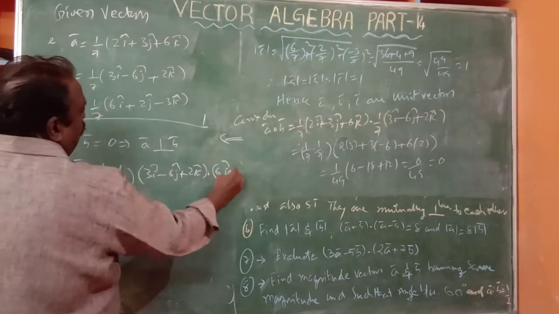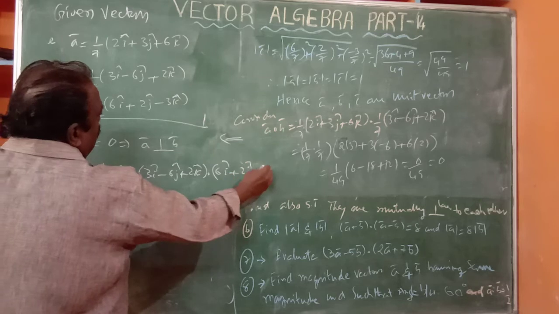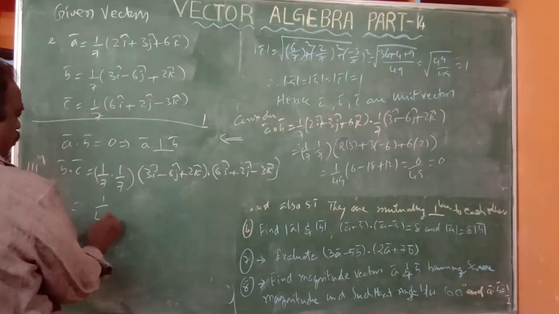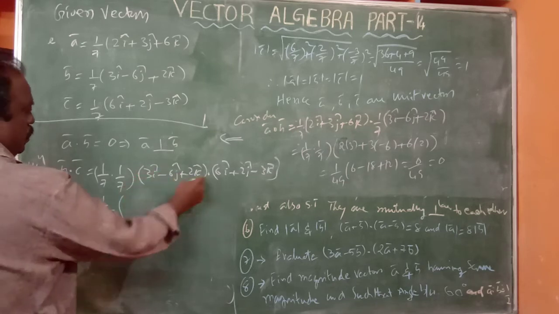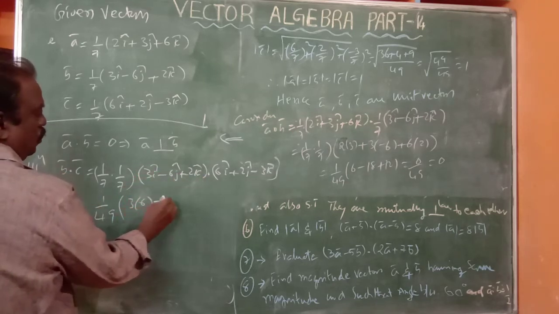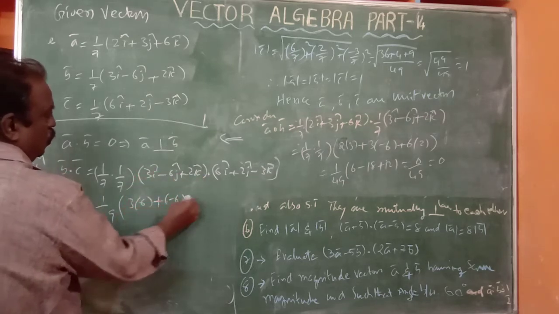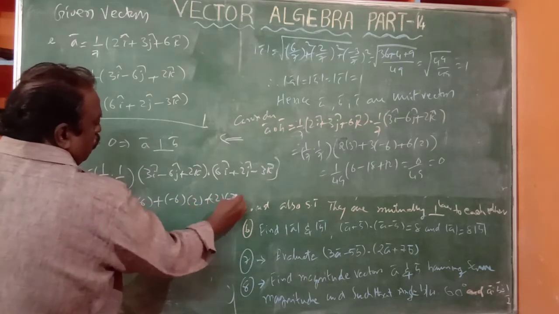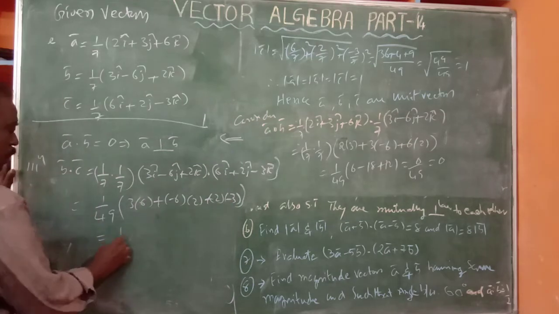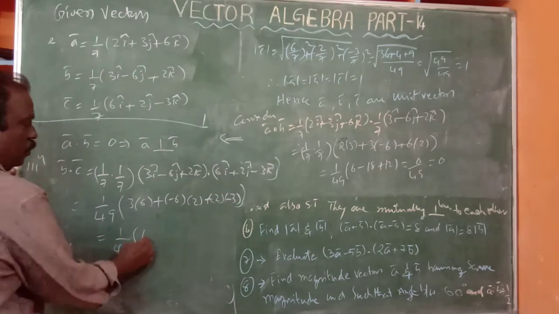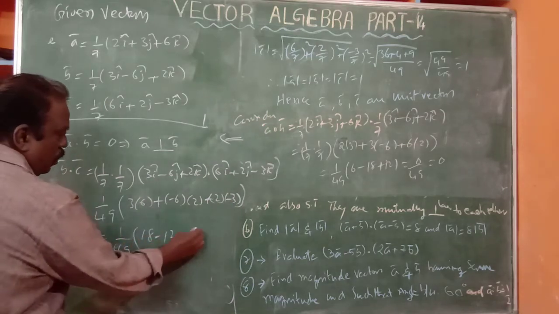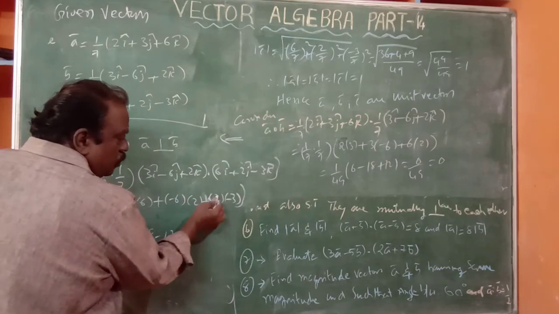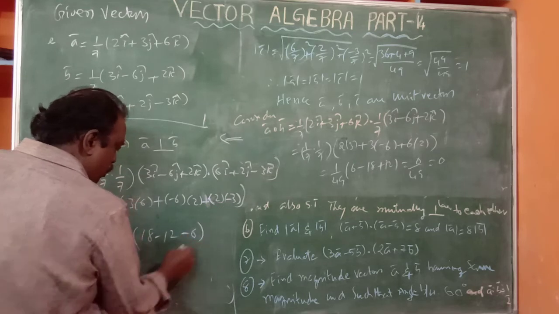It is 1/49 times (3 into 6, minus 6 into 2, plus 2 into −3), that is 18 − 12 − 6.